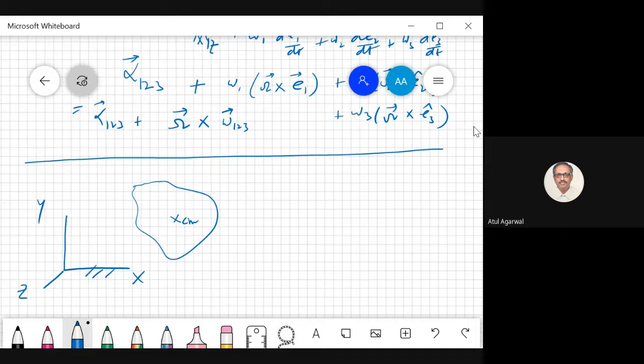You find the angular momentum of the body with respect to the center of mass. Let's call it point G. So we want to find the angular momentum of this body with respect to point G.